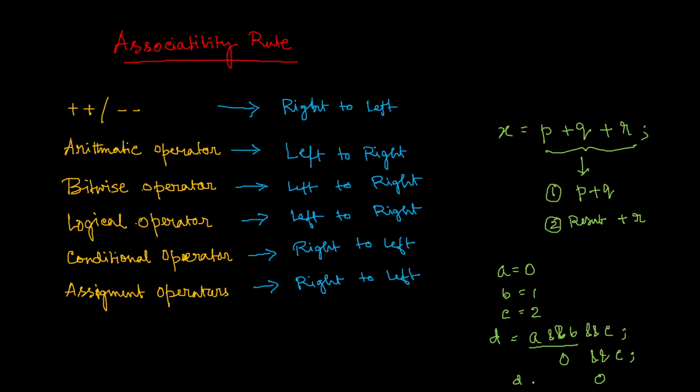So d will be equal to 0. If you do it from the right-hand side, the result is also 0. The result is not changing here, but there must be some rule. This result will change in more complex situations, which we will see very soon. But you have to remember this associativity rule for solving some complex problems that we will see in future.